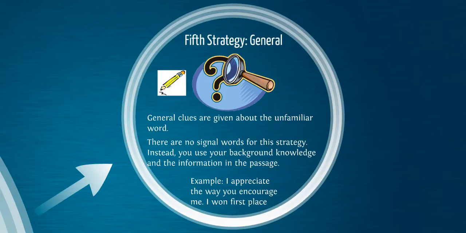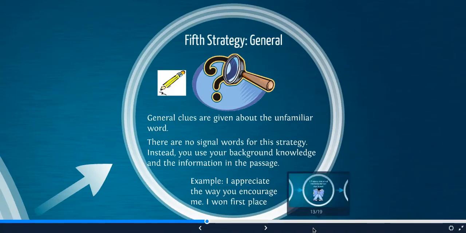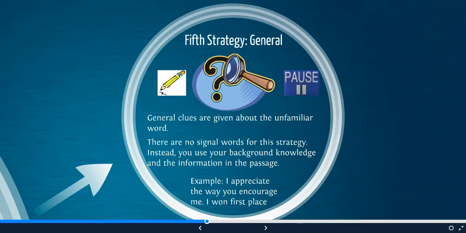Well, you know that winning first place on something would take a lot of work, and this person is thanking somebody for doing something, and because they did that thing, the person won first place. So you can think, well, what kinds of things do people do that might help somebody win first place? And that would help you figure out what the word encourage means. Pause and make sure you have your notes down for the fifth strategy.